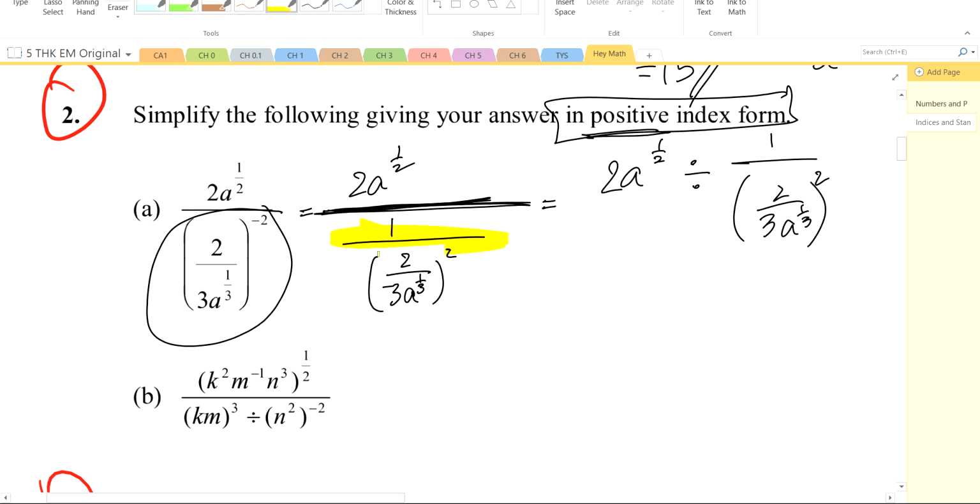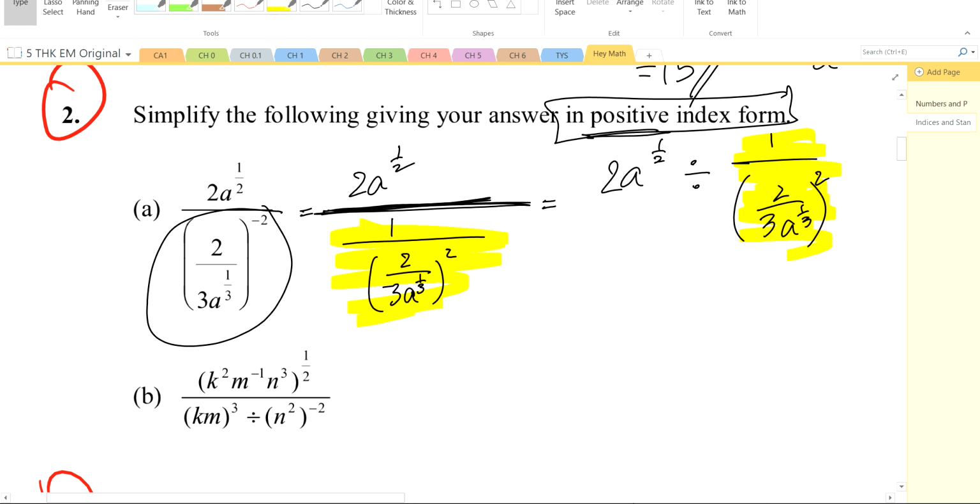This fraction over here is now over here. 2a power half divided by this whole thing. Get it? Then, see 2 over 3a power 1/3 power half, right?